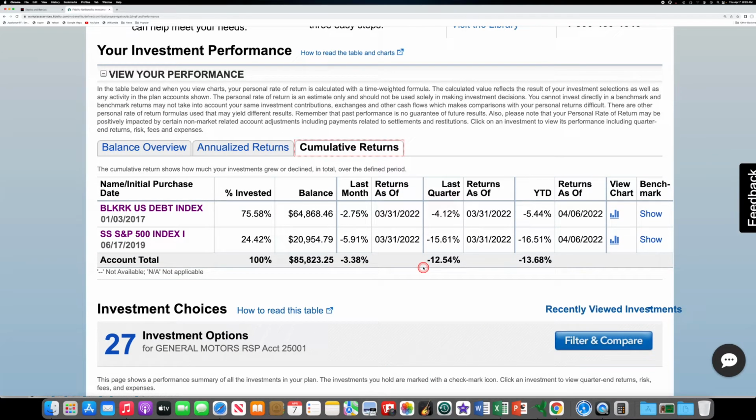Now here comes the math. It is saying that I am down 16.51%, and it's telling me my balance is $20,954.79. We're going to go with that original number, and I'm going to figure out what's 16.51% of the original number. The original number was $21,652.04. 16.51% of that is $3,574.75.